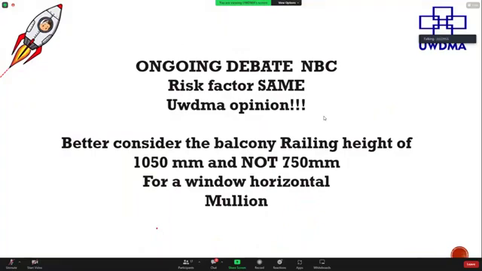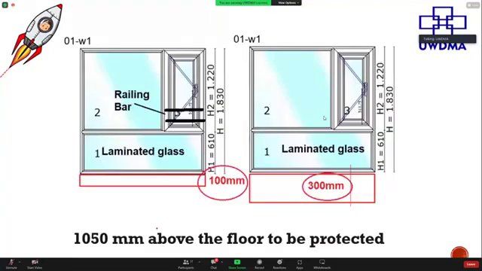So here we come to our last topic. This is concerning the windows that we give in high-rise buildings that start from the base.